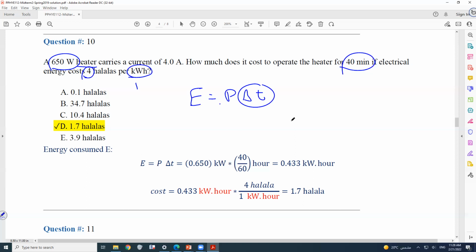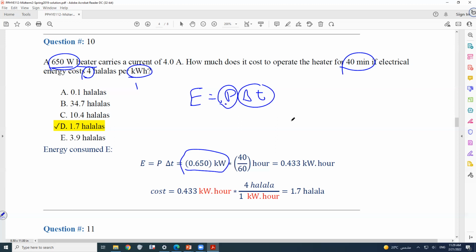So I'm going to substitute for power not in watts, but in kilowatt. Why? I want to get the energy in kilowatt hour. I don't want to get it in watt second. I want to get it in kilowatt hour. So then I can go back to multiply by the rate and get the cost immediately. So let me get the energy in kilowatt hour.